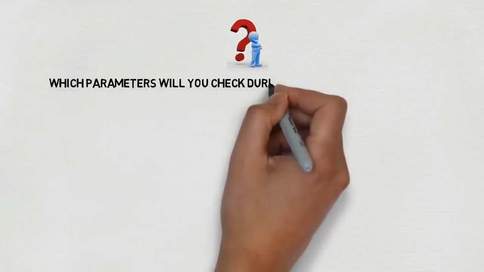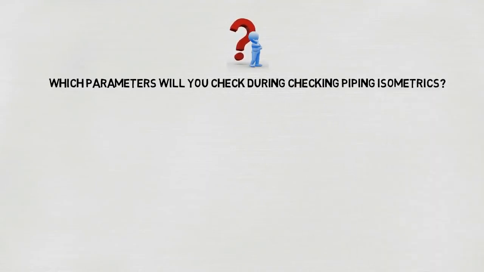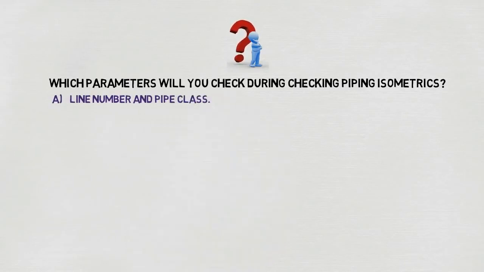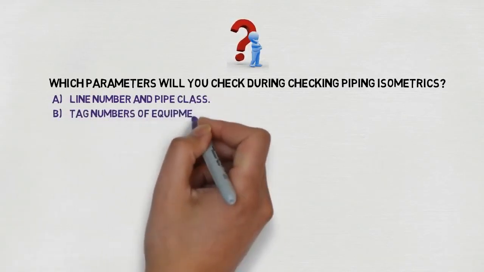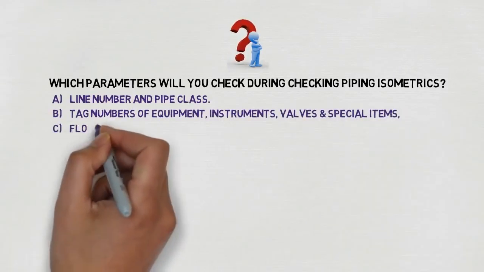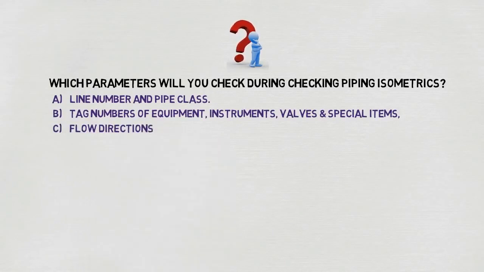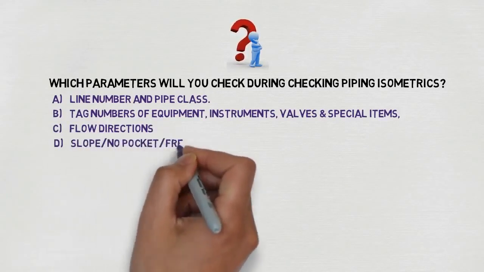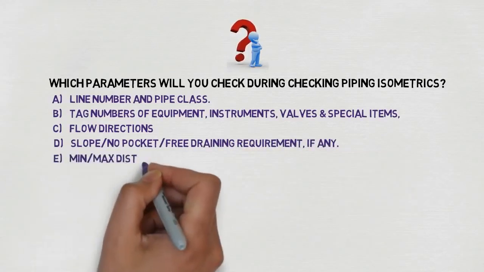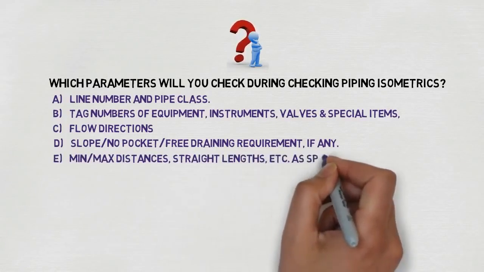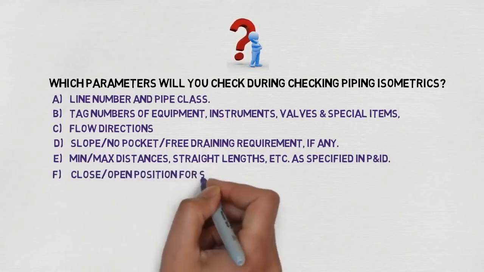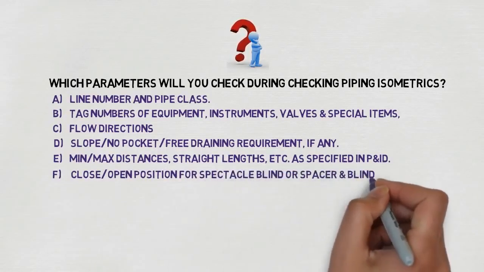Which parameters will you check during checking of piping isometrics? Line number and pipe class, tag number of equipment, instrument, valves and special items. Flow direction, slope, no pocket, free draining requirement if any, minimum and maximum distance, straight length, etc. as specified in P&ID. Closed or open position for spectacle blind or spacer and blind.